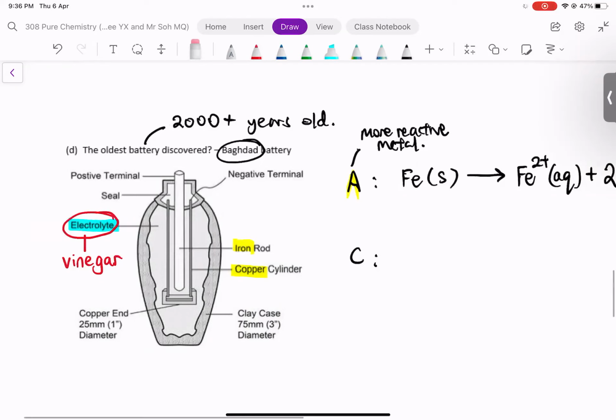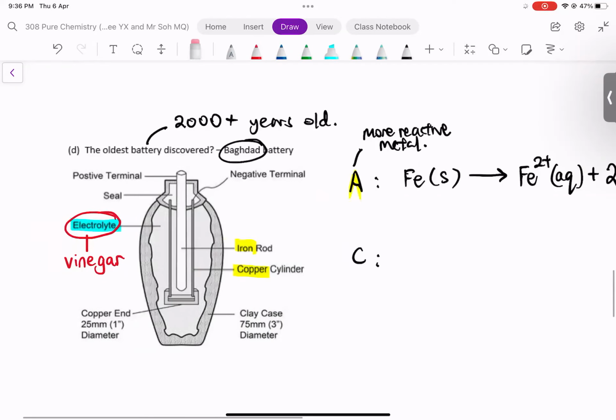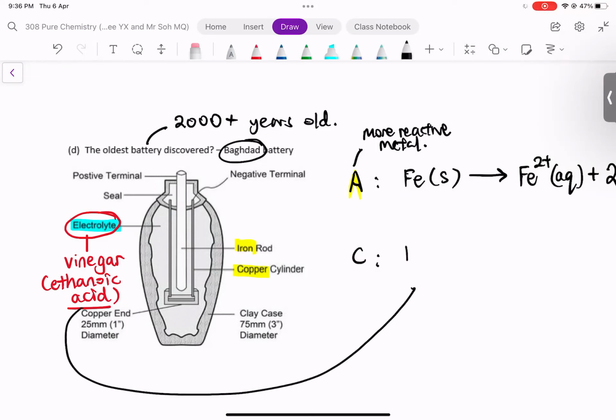Vinegar, the chemical name is otherwise known as ethanoic acid. Even if you don't know ethanoic, you should know acid. Acid contains what ion? Acids all contain H+.